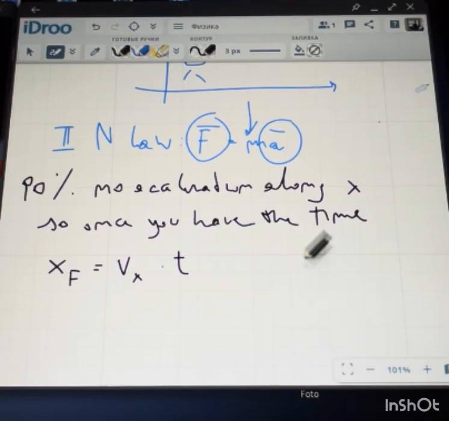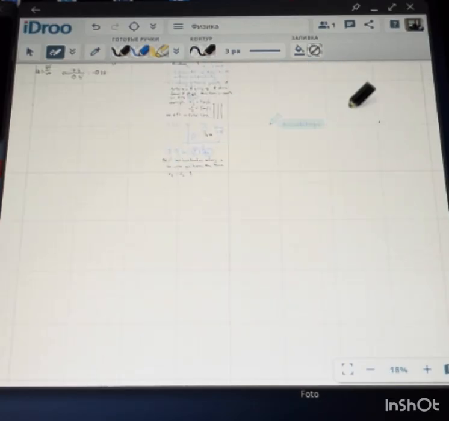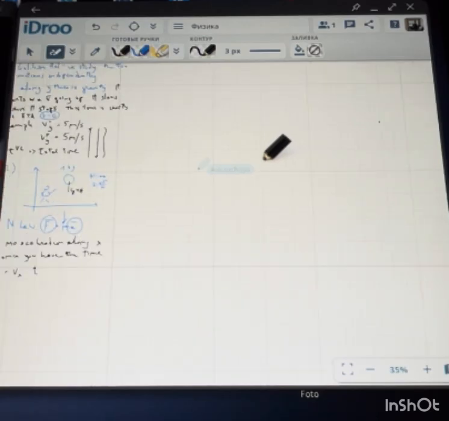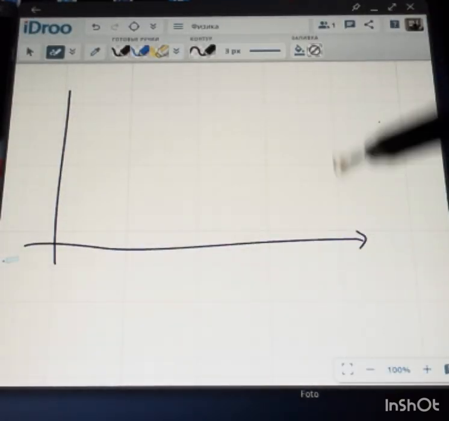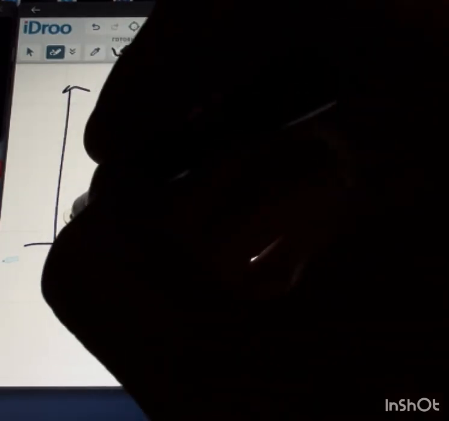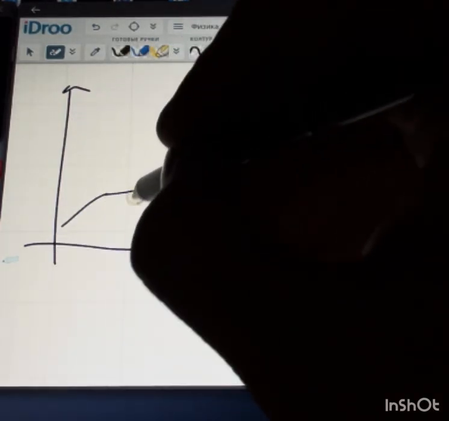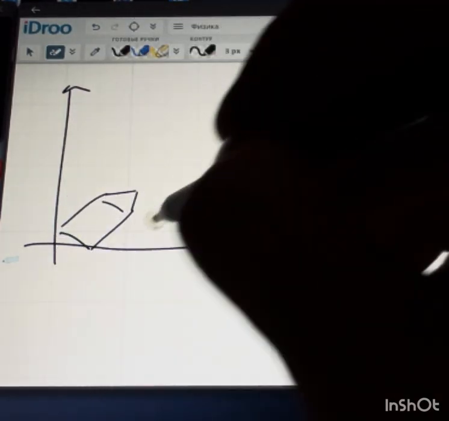Yeah. Now, a quick variation on this. I don't want the numbers, I just want the reasoning. Let's say that there is a rocket launched like this.